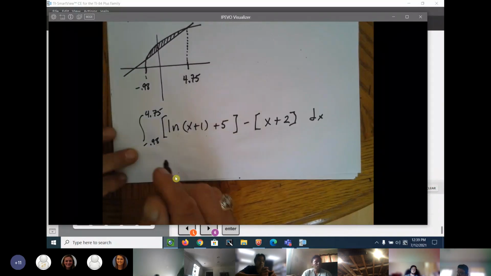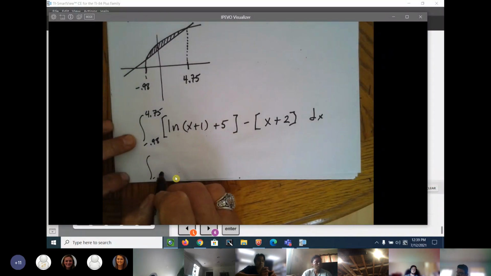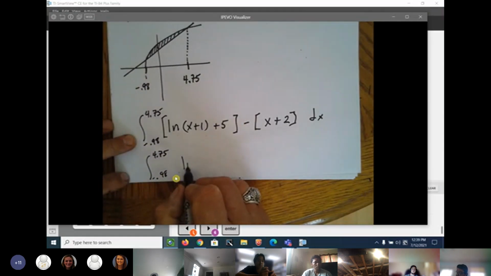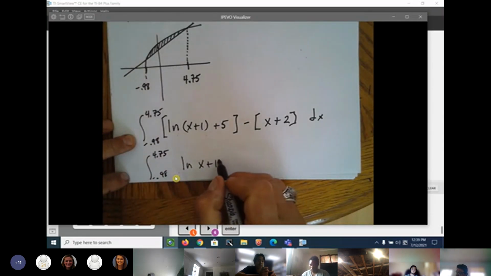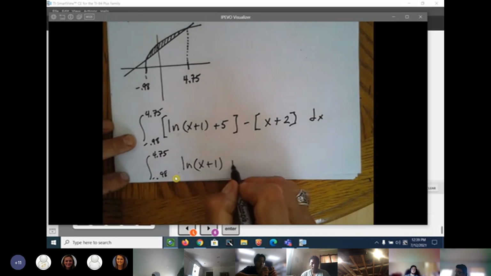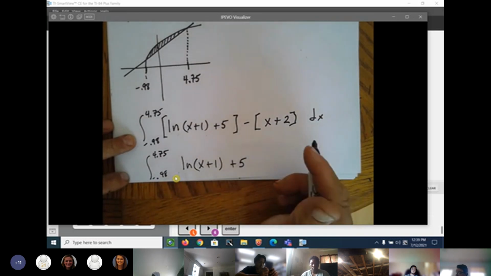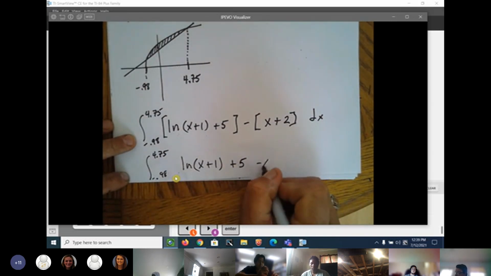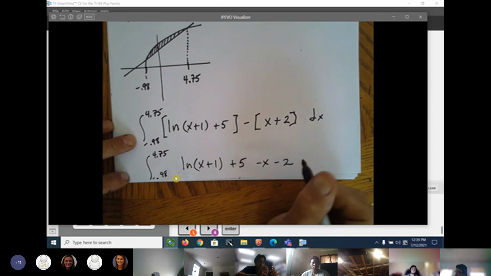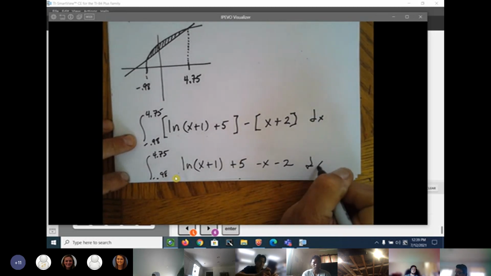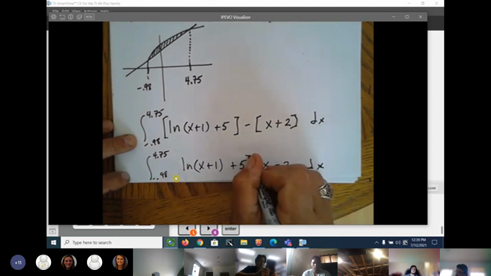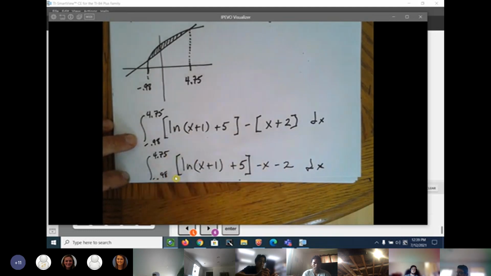So antiderivative negative 0.98, 4.75, the natural log of x plus 1 plus 5. I'm not going to mess with it. Negative x minus 2 dx. And I'm going to leave that 5 with that right there. That's your setup.